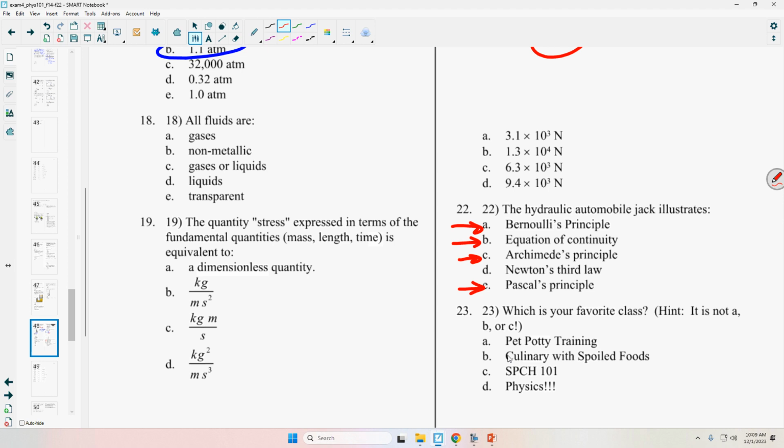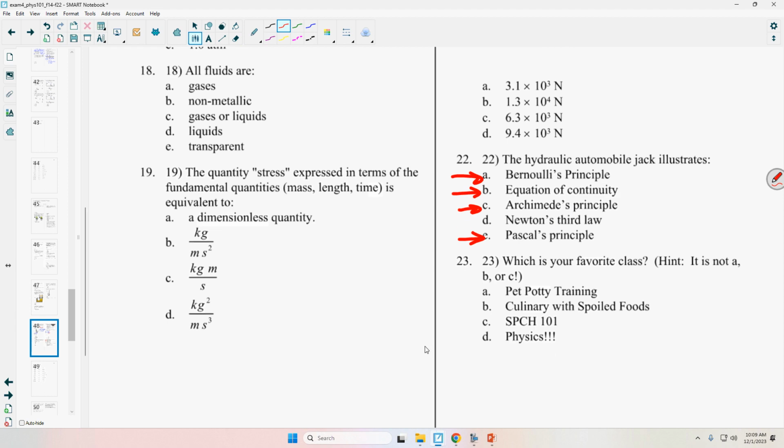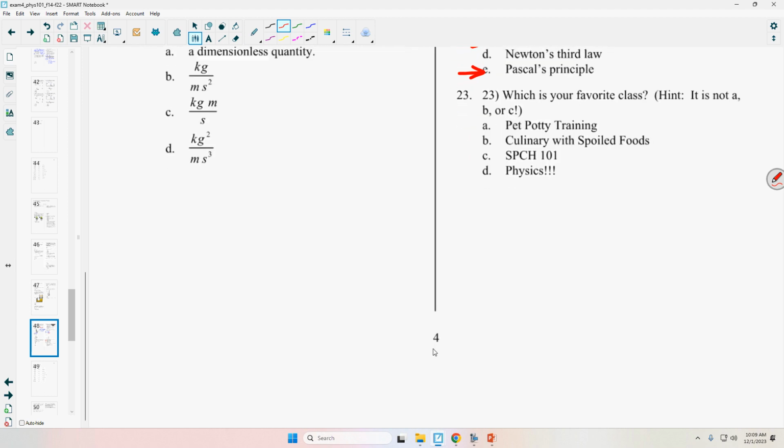Let's write these things down, so if you're making flashcards, this might be useful for you. For Bernoulli, based on the conservation of energy, as the velocity goes up, the pressure goes down.